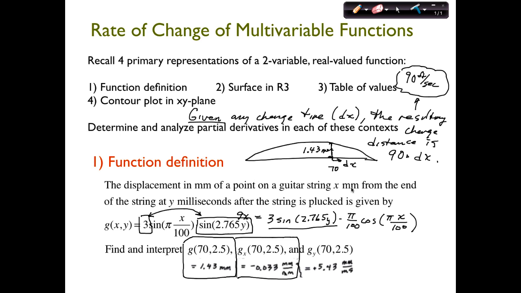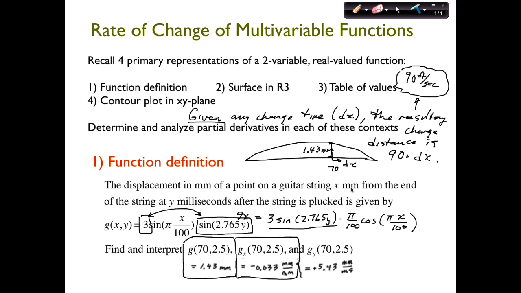To get the new displacement? Almost. Is it the new displacement? The change in displacement. So at 2.5 milliseconds and 70 millimeters, if you go a little bit further down the string, to get the change in displacement, you're going to do what? Multiply the rate times the change in x.